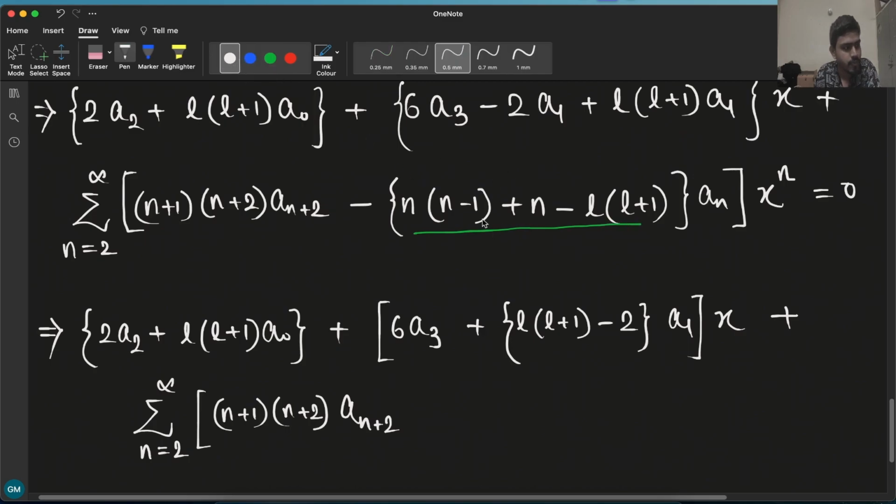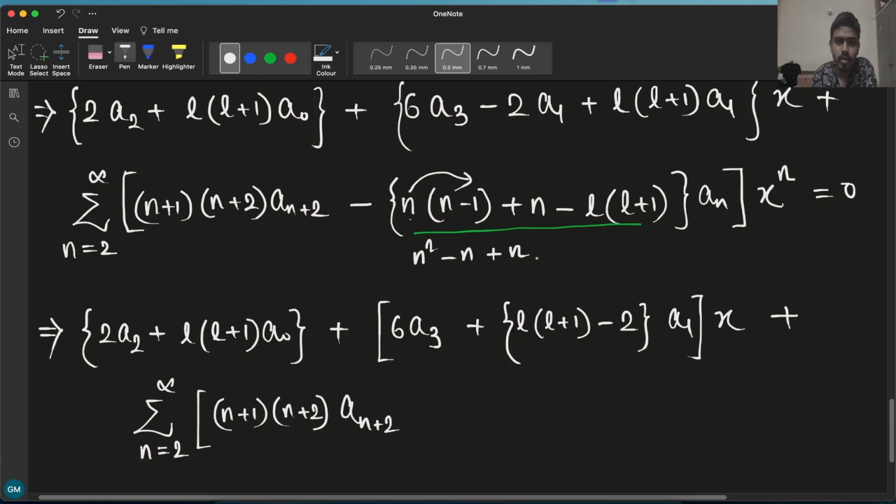So if I simplify it, if I multiply this n with this n minus 1, it will be n square minus n plus n.